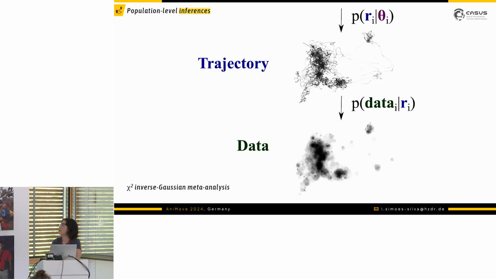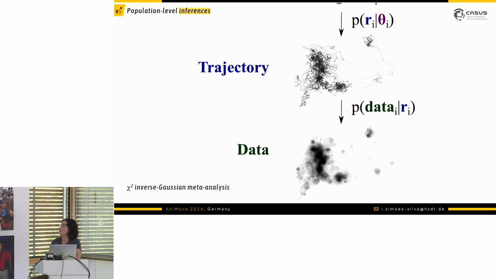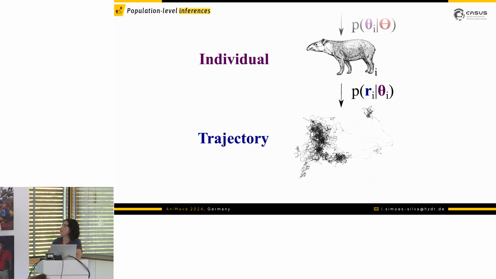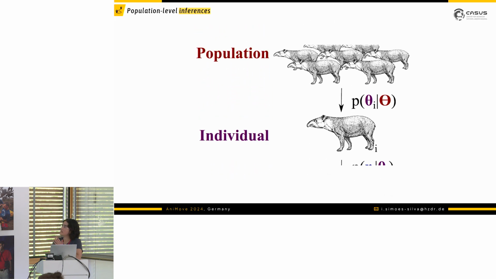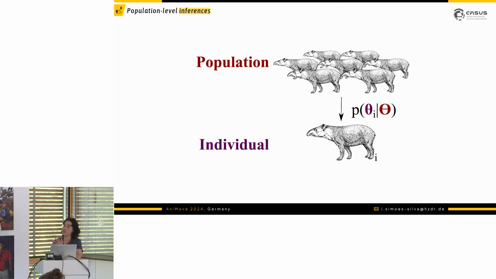So with the animal movement data, you start with the data, you get the information from the actual trajectories and the probability distributions there, the individual home range estimates, and then you get to the population level inferences here.